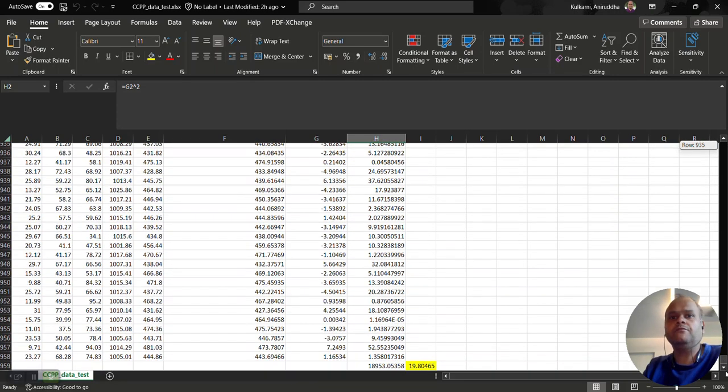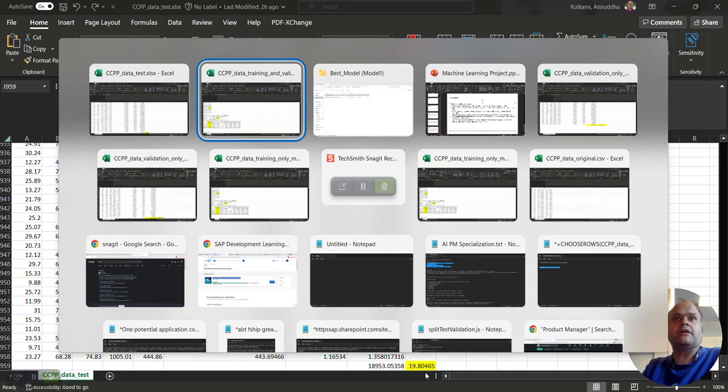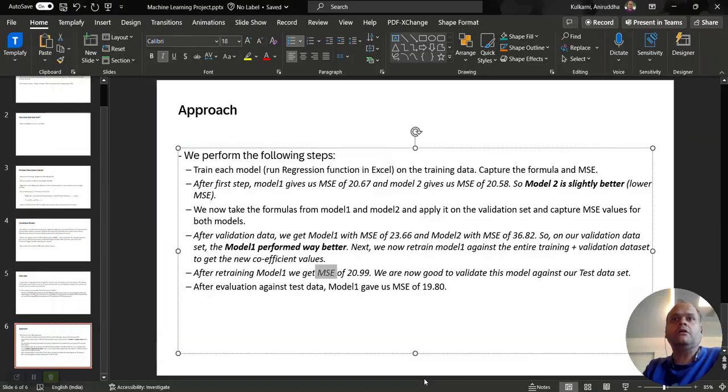Scrolling down to the bottom, we get the sum of all squares of the residual or the difference values, and we divide that by the number of observations, which is 958 or 957 rather, and this is the final MSE, mean squared error, that we get for our model 1, which is a lot less than any of the previous mean squared error values that we got.